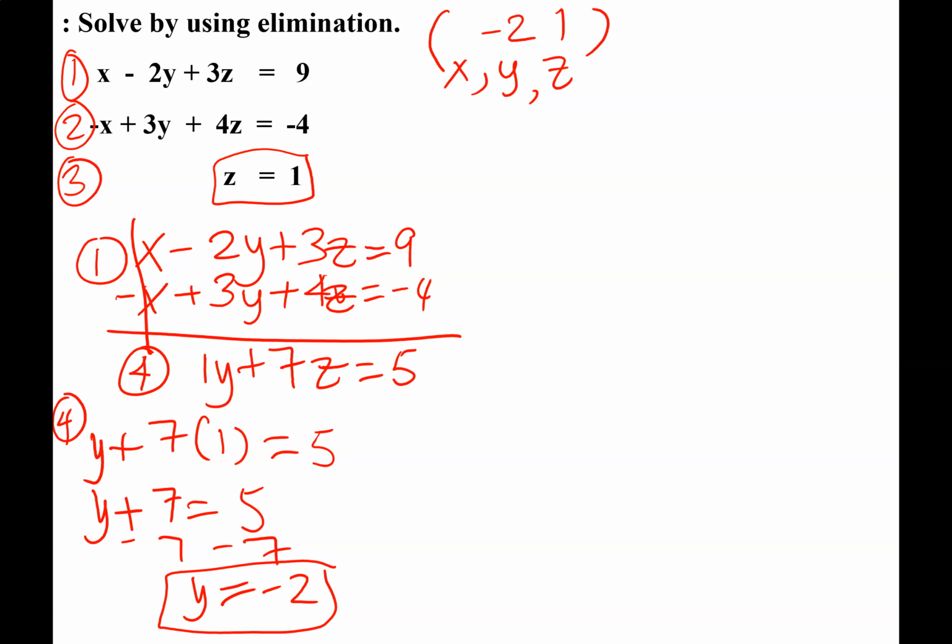And finally, at this point, now that you solved for 2 variables, you could take these two and substitute them into equation 1 or equation 2. I'm going to go ahead and substitute into equation 1 in order to solve for x this time. So for equation 1, we have x minus 2y plus 3z is equal to 9.